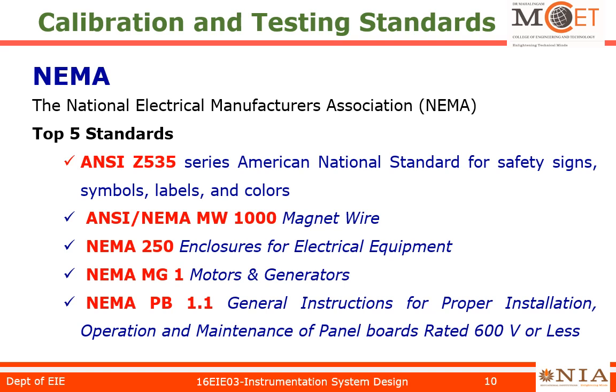And the next one is NEMA PB 1.1. This is for installation, proper operation and maintenance of panel boards, rated at 600 volts or less. So these are the top 5 standards by NEMA.